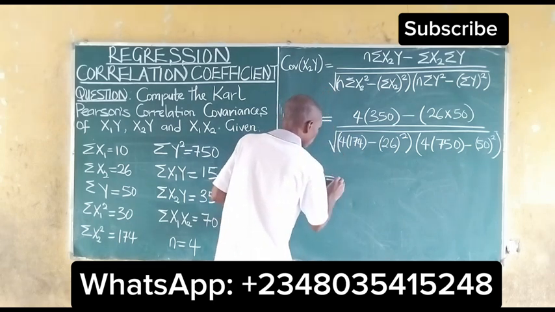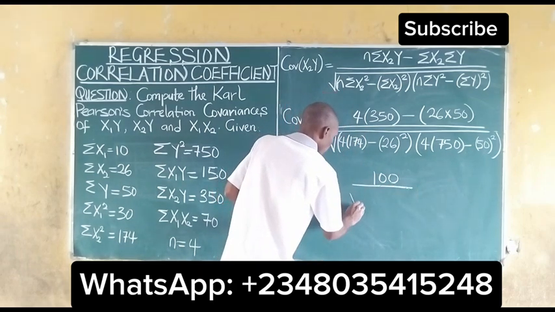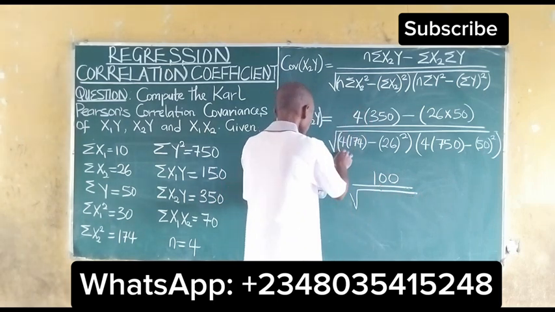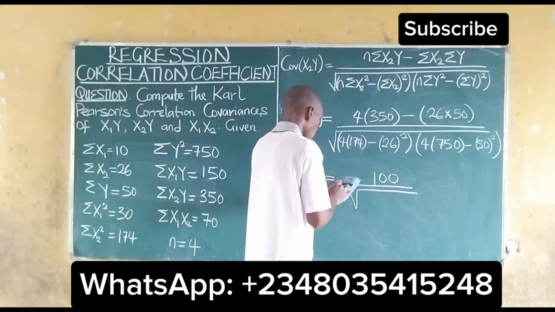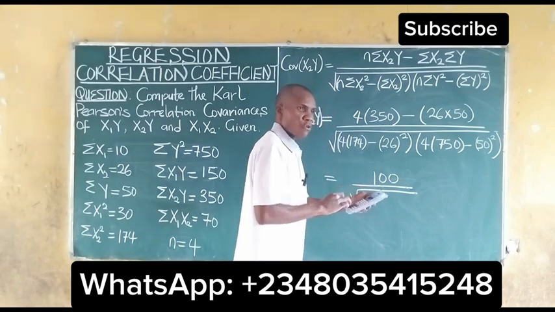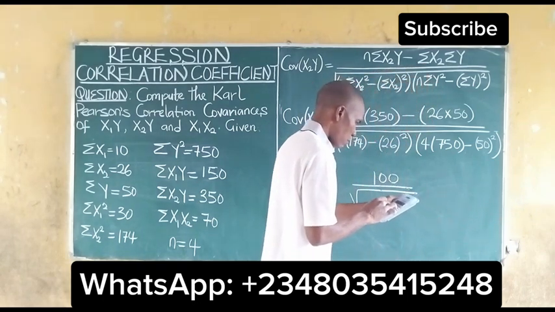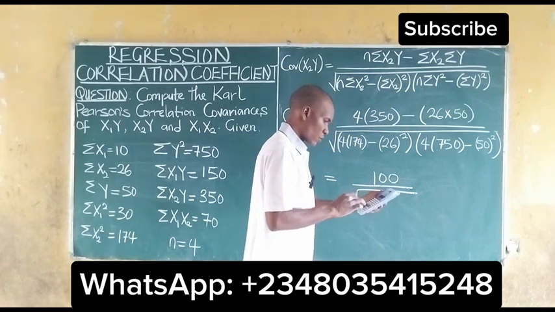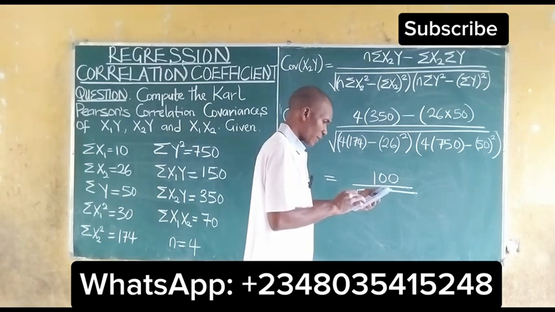It will still give us 100, all over the square root of 4 into 174 minus 26 squared, multiplied by 4 into 750 minus 50 squared.